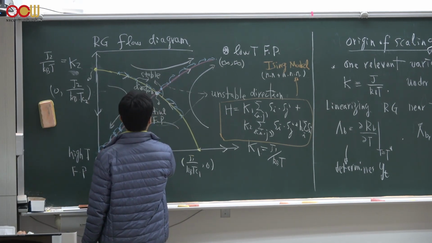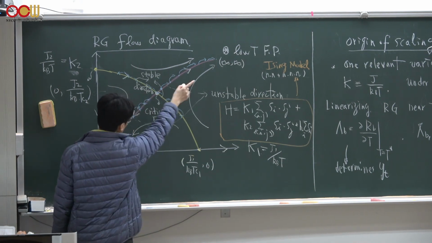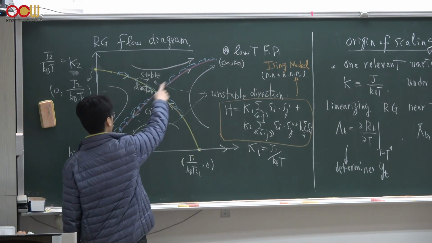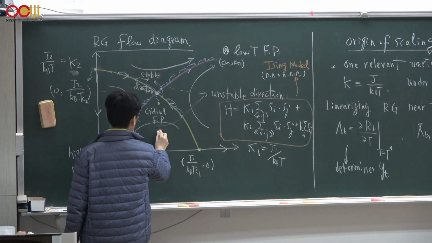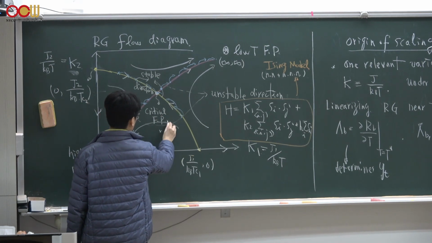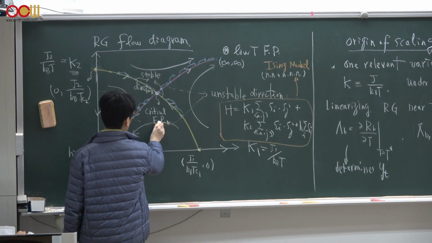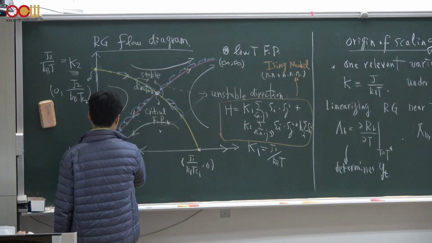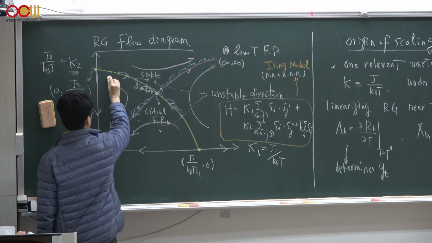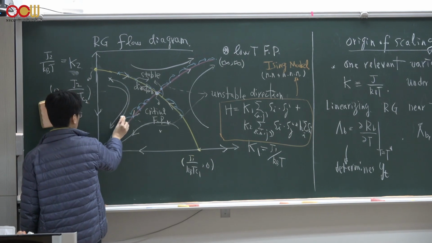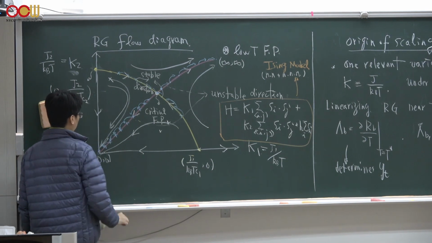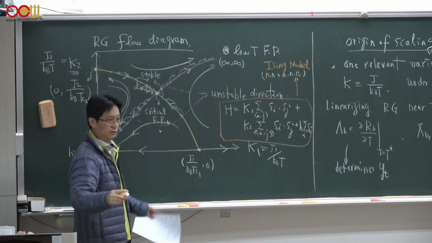If I'm not along this critical manifold marked by red and yellow, if I'm here, then I could simply follow this curve all the way to 0, 0. If I'm here, I could follow this curved RG flow back to 0, 0, and so on and so forth.